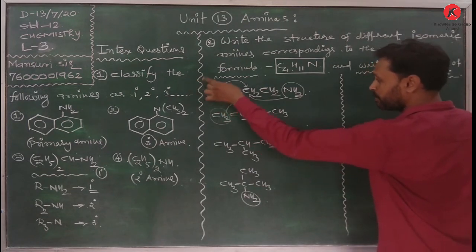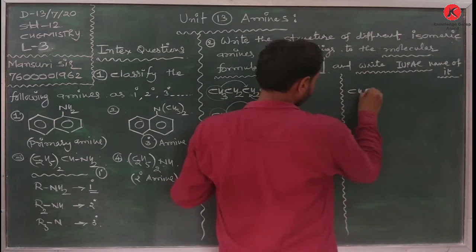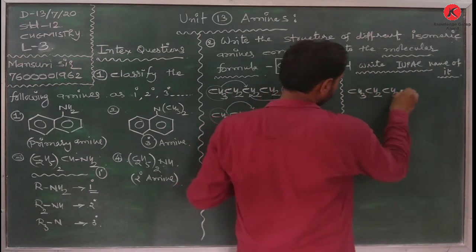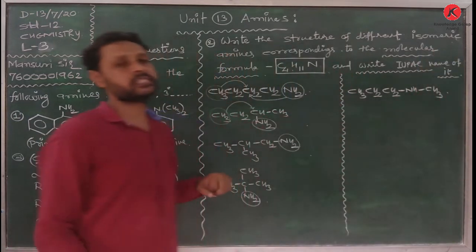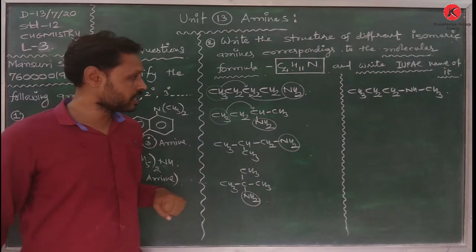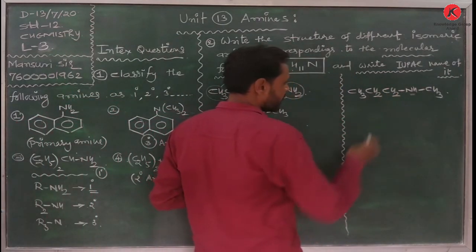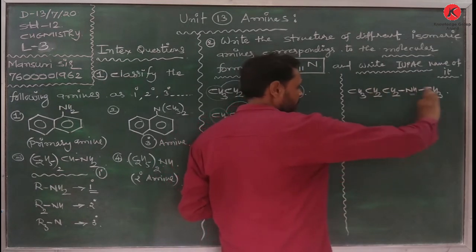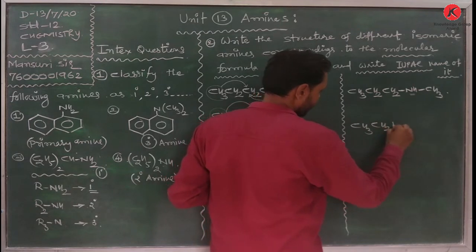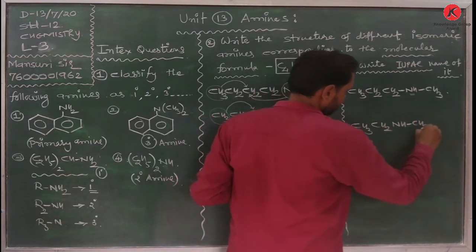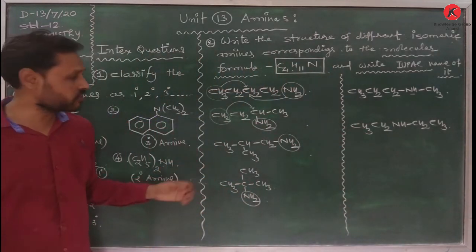This methyl can be put over this nitrogen, so the structure will be CH3CH2CH2NHCH3. Now friends, this is my secondary amine. Now NH will go toward the next carbon, so a new structure will be formed: CH3CH2NHCH2CH3. Right? This is my secondary amine.